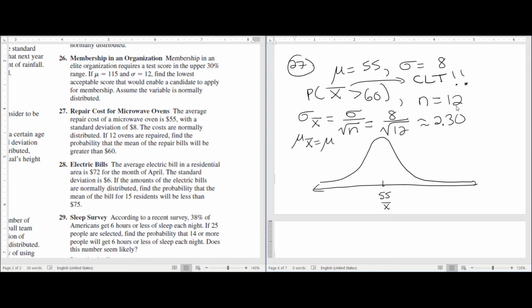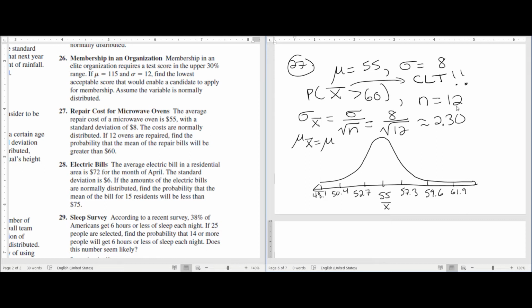So 55, 57.3, 59.6, 61.9. Subtract, and you get 52.7, 50.4, and 48.1. Hopefully I did that mental math right. So that's the bell curve.